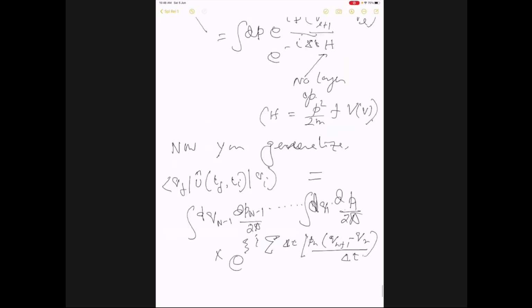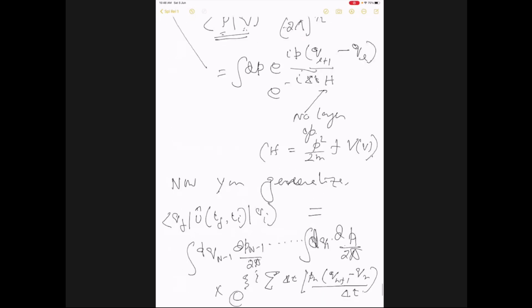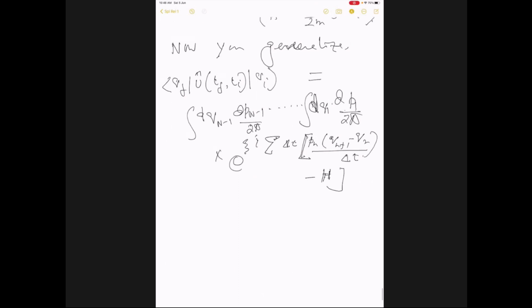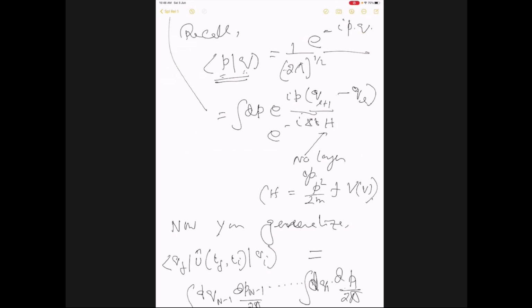And of course, I had e to the power minus i H delta t, so I will have minus H sitting here. So what I've done is I have written that entire path for each of them, and this is the minus H delta t.